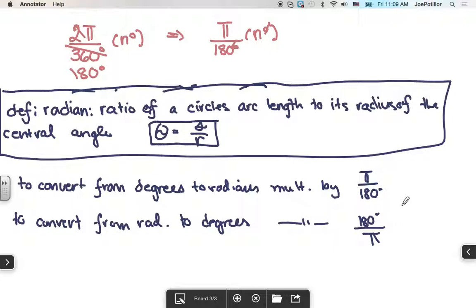But the equations that I'm going to give you now are only for the angle in radians. So this is a very important thing to keep in mind when we're studying circles: we do not use degrees for these particular problems. Okay?